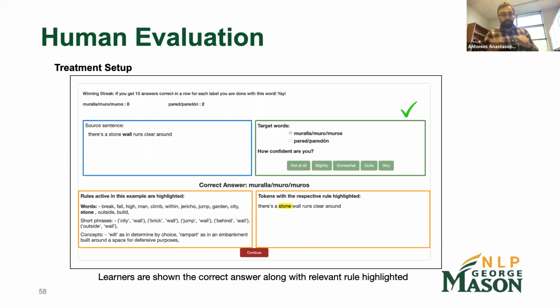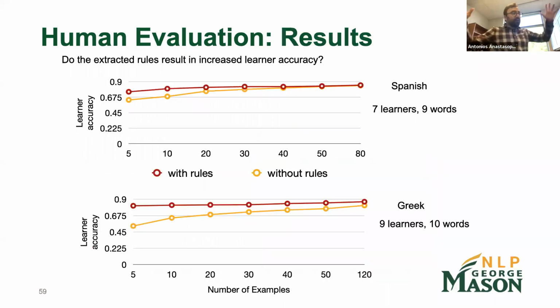It's an important feature, so we highlighted it. You see it highlighted with yellow, right? So they have this extra feedback that makes it easy for them to see which rule applied to this source sentence. And then we just aggregate results. We do some proper statistical tests to make sure that our study accounts for the different pace of the learners and the different order that they saw the training examples in, and so on.